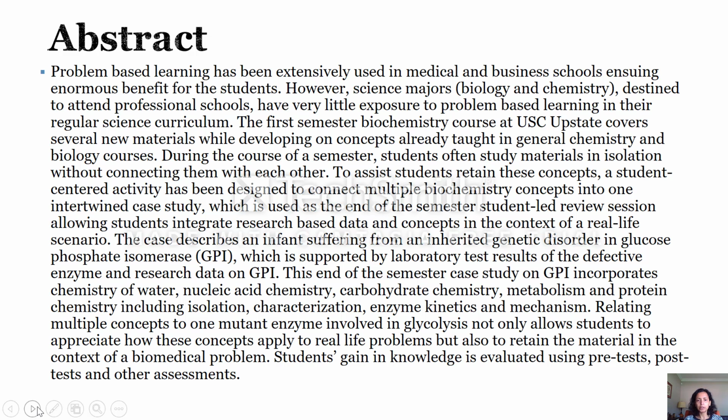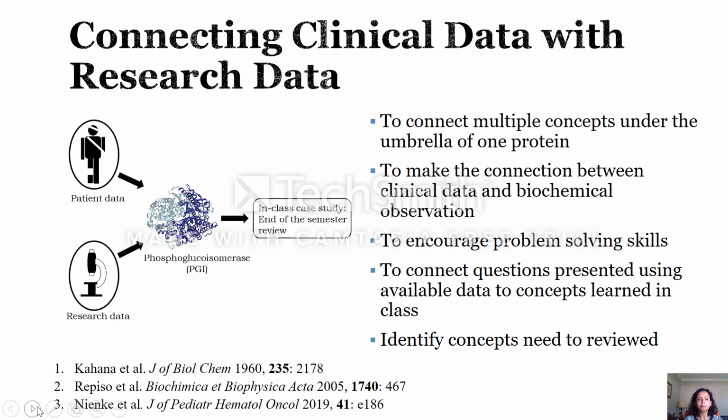During these case studies, what I found is glucose phosphate isomerase or phosphoglucoisomerase protein can be used to incorporate pH, pKa, amino acid side chains, different enzyme catalysis, enzyme mechanism, glycolysis, metabolic flux, all into one case study.